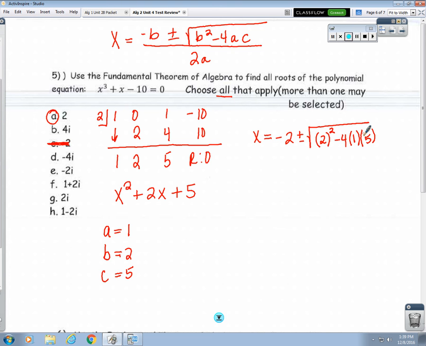Right. Anything that you're plugging in for A, B, and C, put them in parentheses, all over 2 times 1. Now what should you do next?